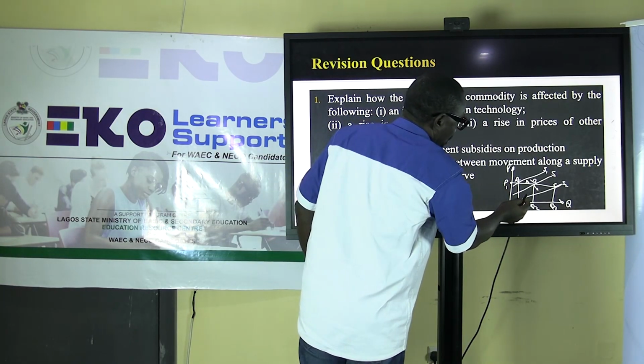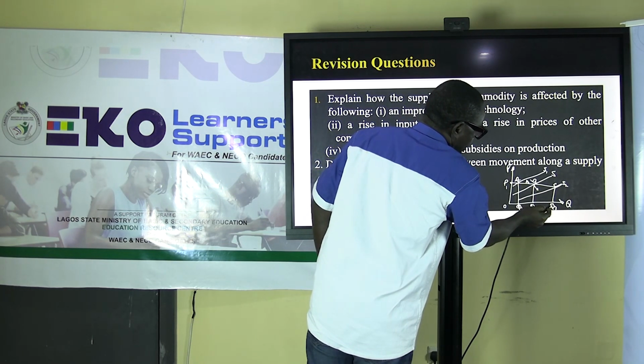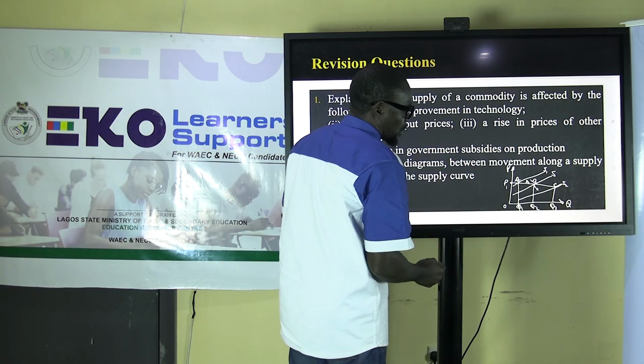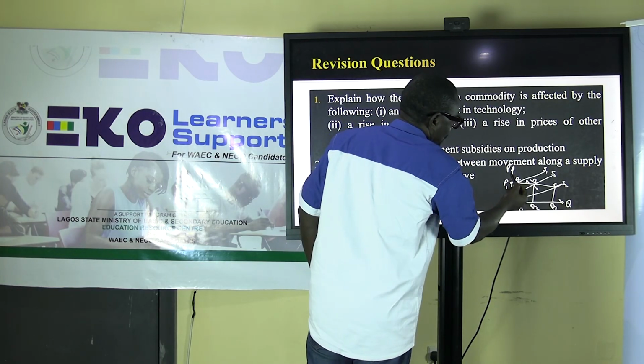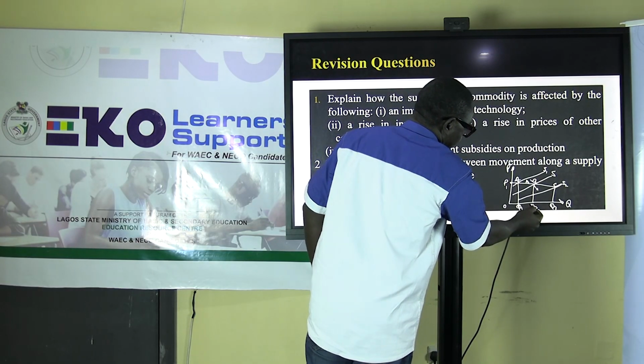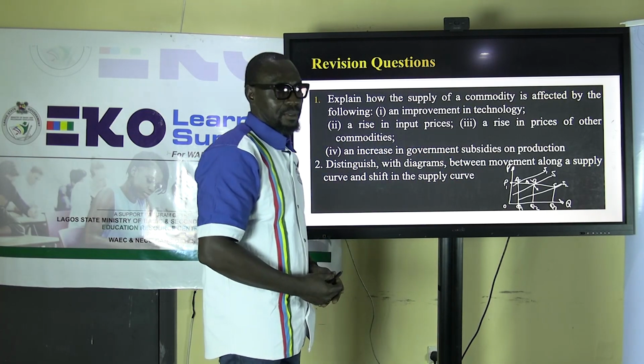So what you observe is that when it shifts from the main supply curve outwards from S to S2, you have an increase in quantity supplied. And when it shifts inwards or leftwards from S to S1, you have a reduction in quantity supplied from Q2 to Q1.